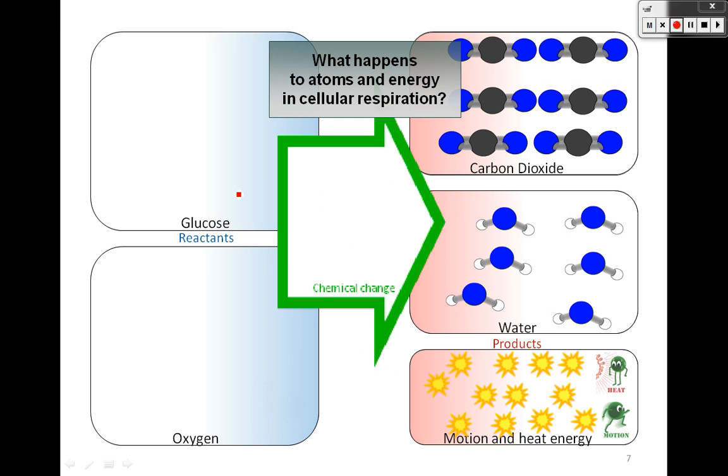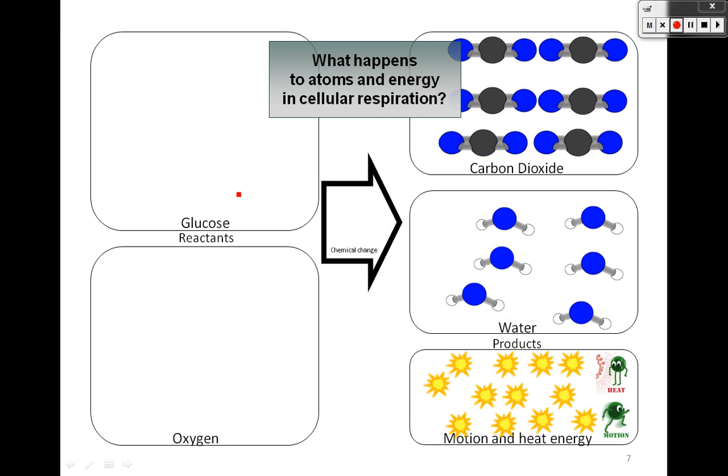And because it's exothermic, and that doesn't change, it's always exothermic, you end up with all of this energy that can be used for both motion and heat. And we know, of course, 90% of energy is lost between trophic levels because of the body using that energy to carry out cellular processes, to move, to do whatever.